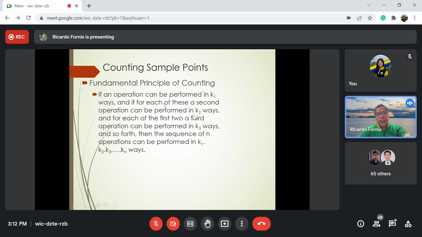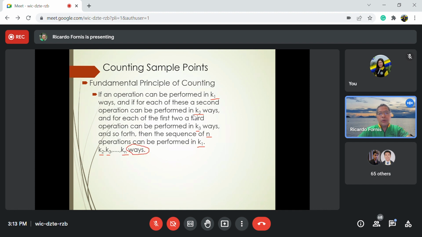Again, for successive or simultaneous events: if an operation can be performed in K1 ways, and if for each of these, a second operation can be performed in K2 ways, and for each of the first two, a third operation can be performed in K3 different ways, and so forth, then the sequence of n operations can be performed in K1 times K2 times K3 up to Kn ways.